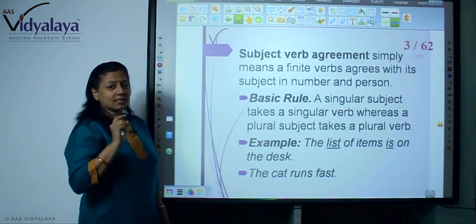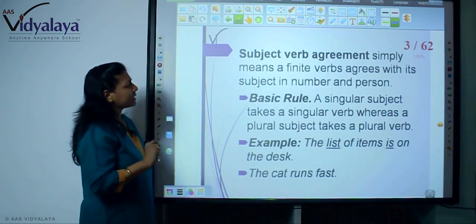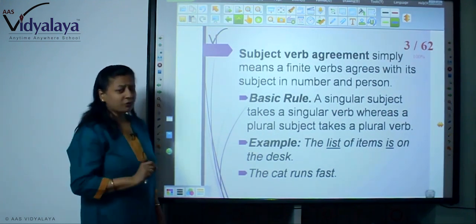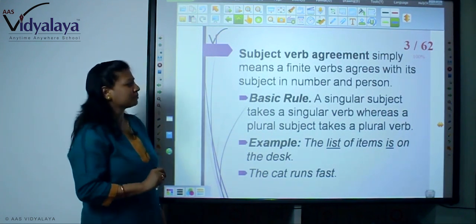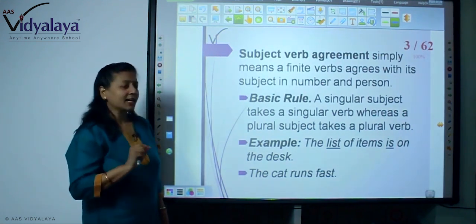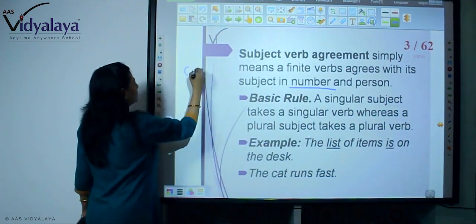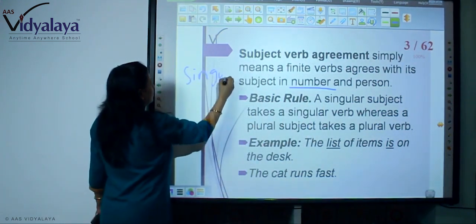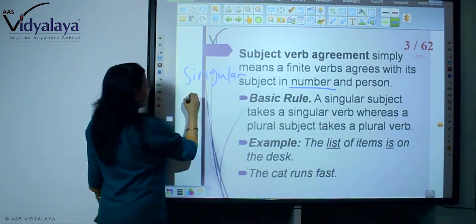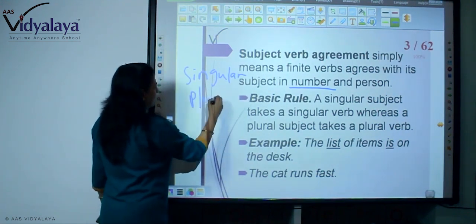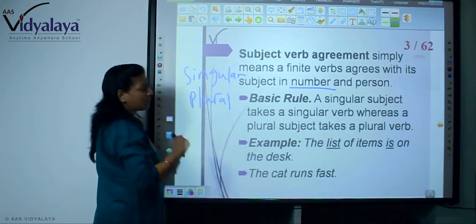What is the definition? Subject-verb agreement simply means a finite verb agrees with its subject in number and person. Number is singular and plural, right? As you know.